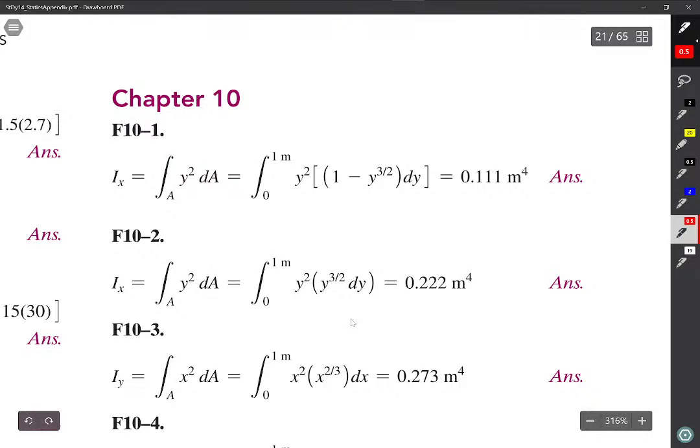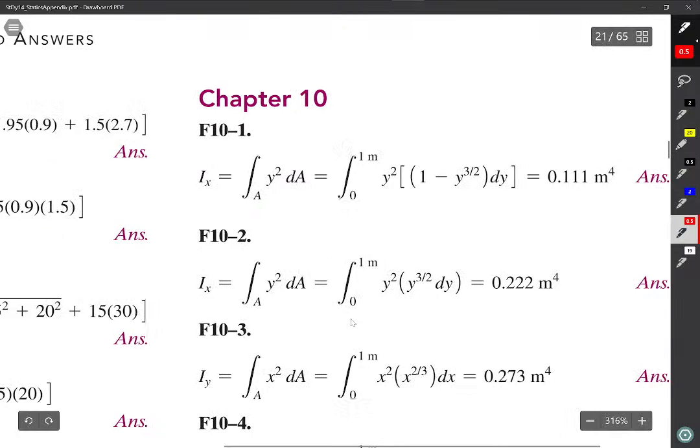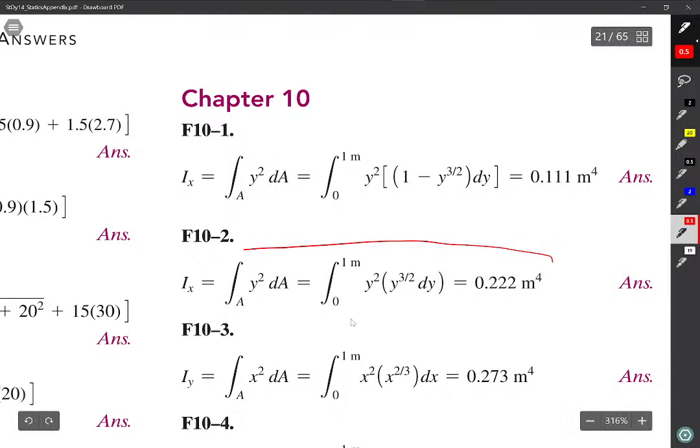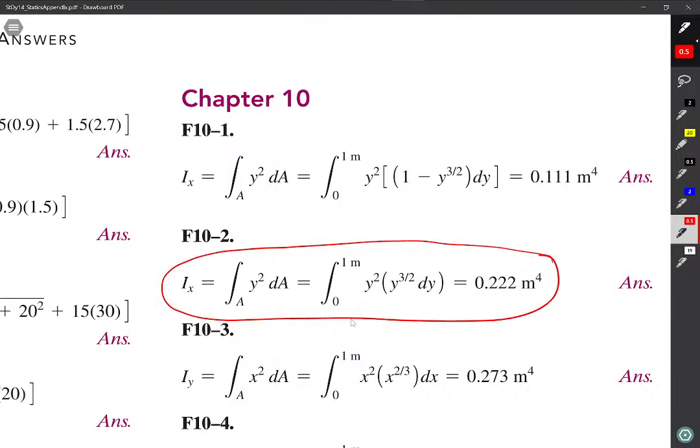Ooh, I may have messed up the second one. He got 0.22. Oops. What did I do? Why the 3/2? I goofed that one somehow. So I goofed this bottom one. Oh, wait. Okay. I think we've got a problem here because did I do the wrong one?